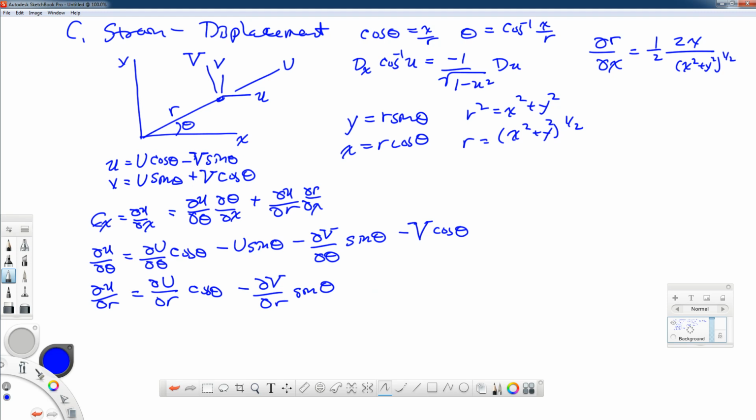Minus V times the partial of r times sine theta. Okay, we got all those terms in there. All right. So we can find an expression then for epsilon x. Okay, let's write that on the next page.